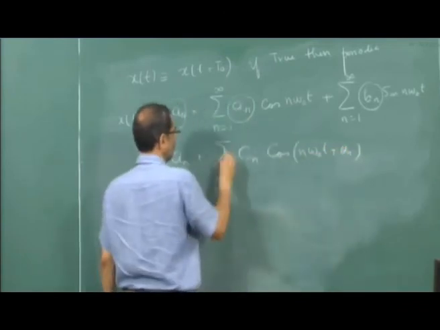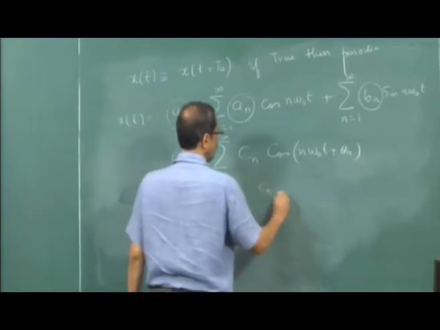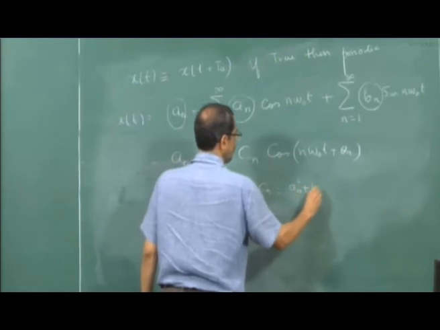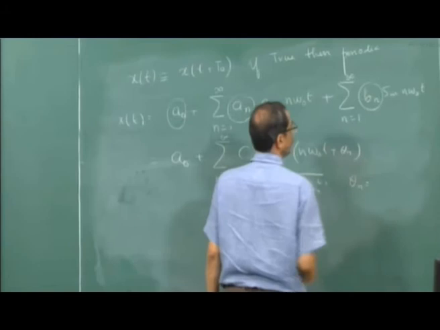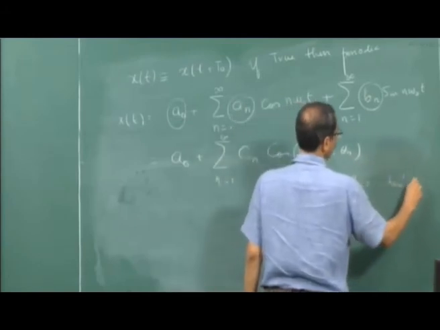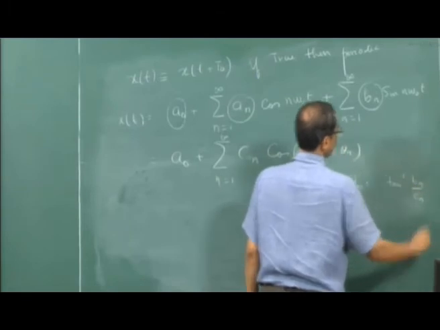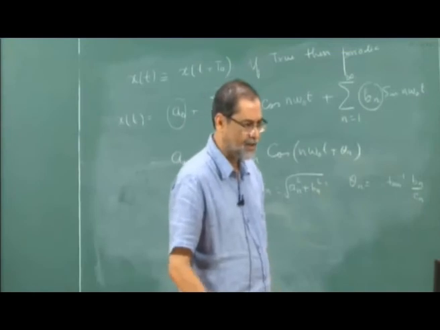Right. So a slightly more compact expression, where you can show that Cn is an square plus bn square, and theta n is, I think, minus tan inverse of bn by an, something like this. Okay, let me just check. Yes.